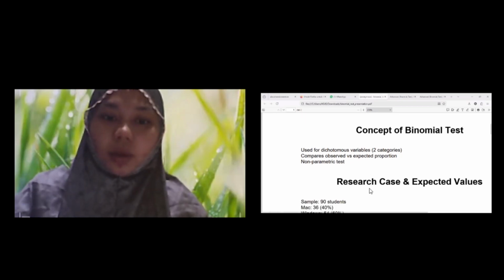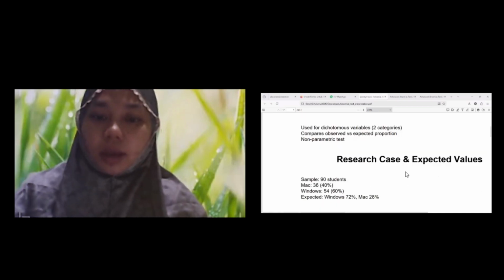Okay, next, the research case and expected values.